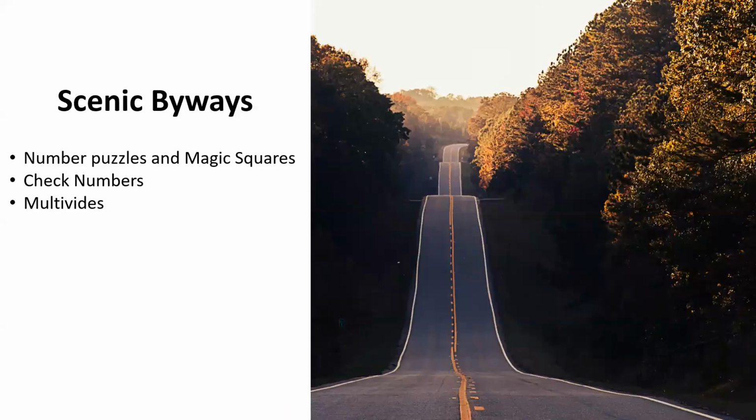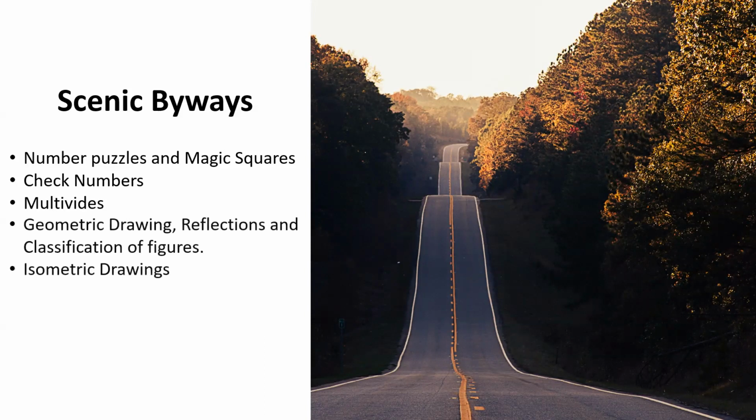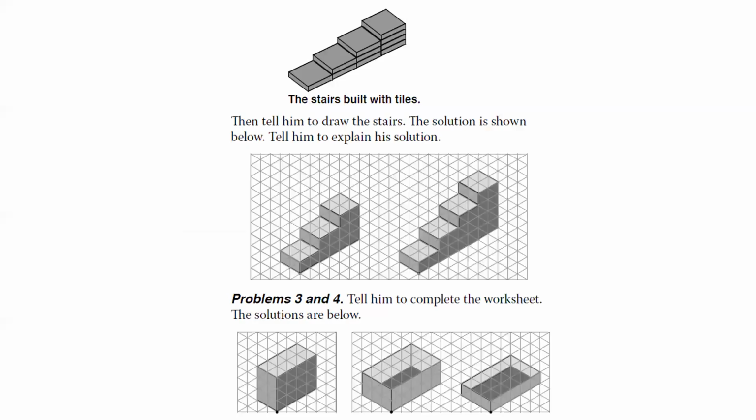All right, some other really great concepts that the kids very much enjoy are the geometric drawing lessons, learning how to draw reflections of a figure, and then classifications of geometric figures. Isometric drawings are super cool. Here's an example of one of them.